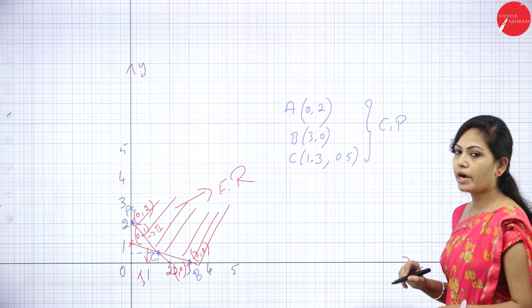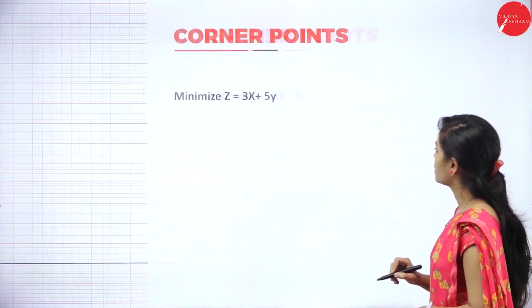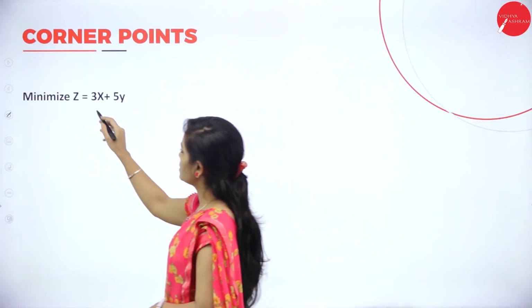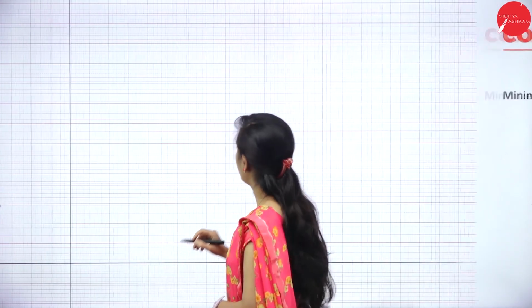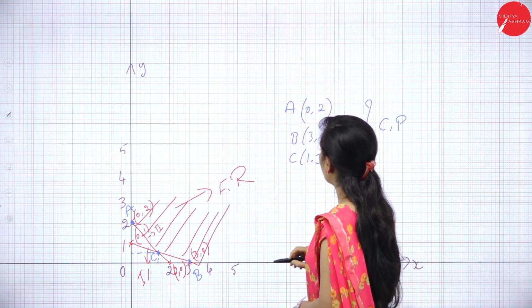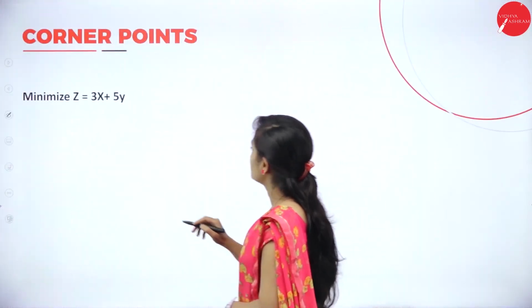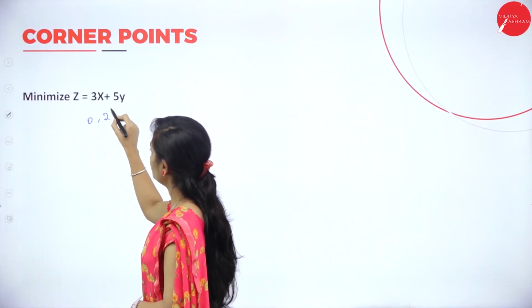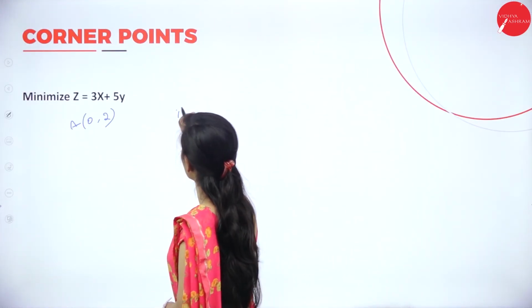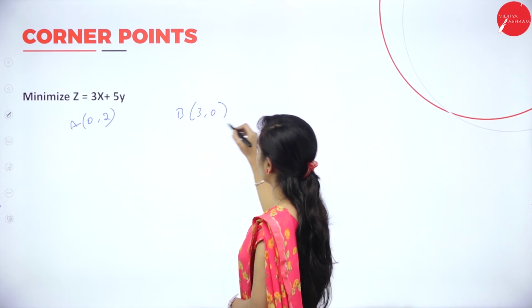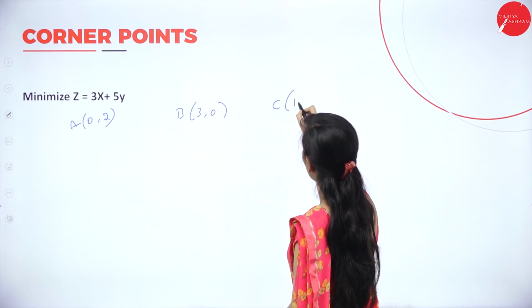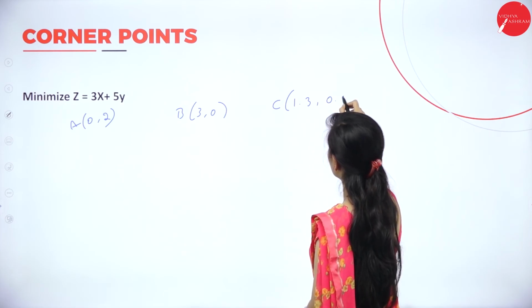So now we'll find the minimum value. Minimize z is equal to 3x plus 5y. The first point is (0, 2), then (3, 0), and the third one is (1.3, 0.5).